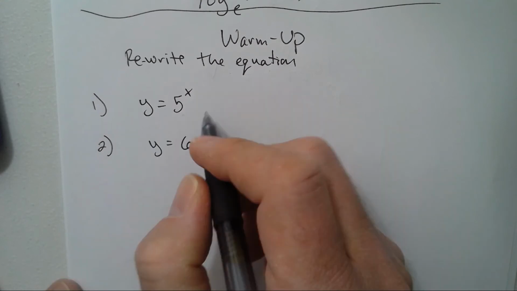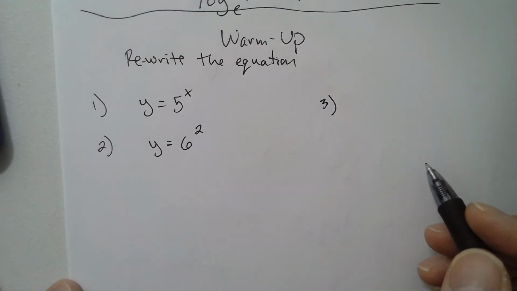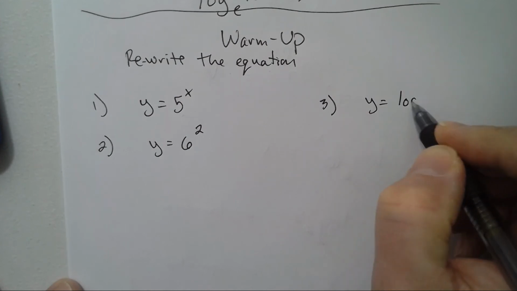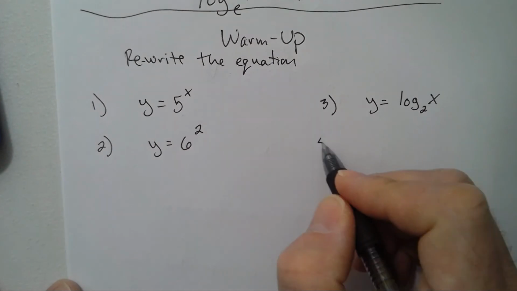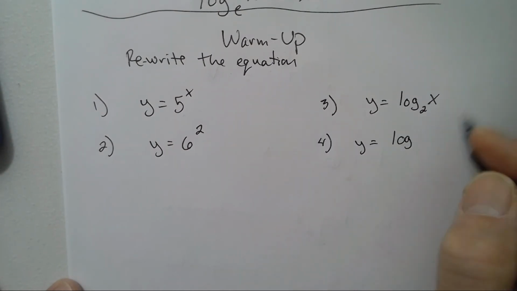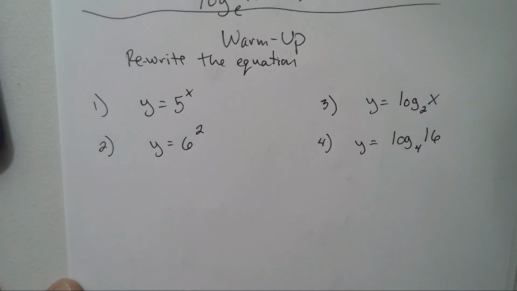And then I'll give you 2. We're given the log form, and I want you to write it in exponential form. Alright, I'll give you a couple minutes to try that.